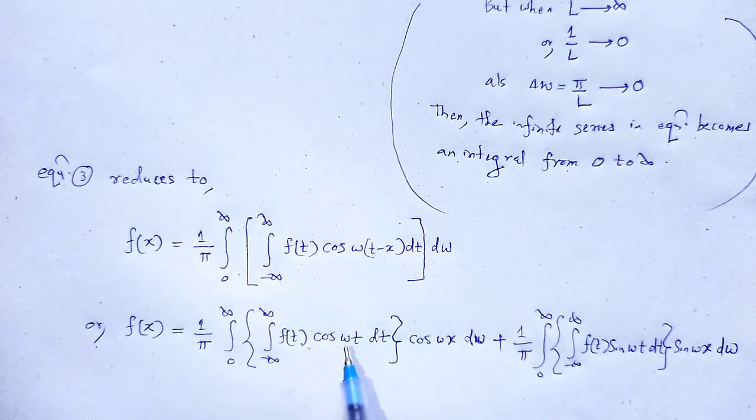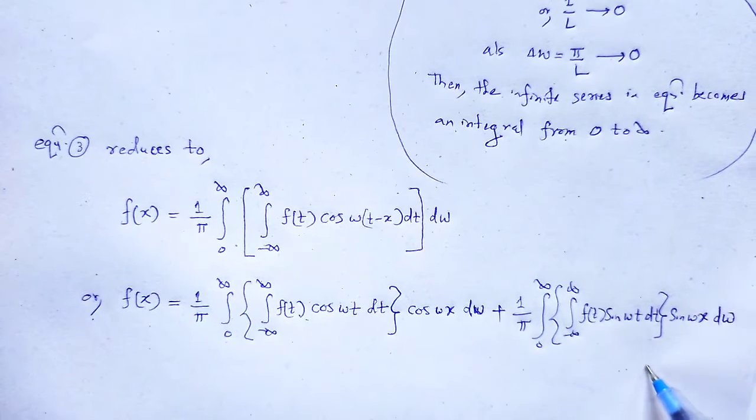Cos a minus b is cos a cos b plus sin a sin b. And equation number 4.